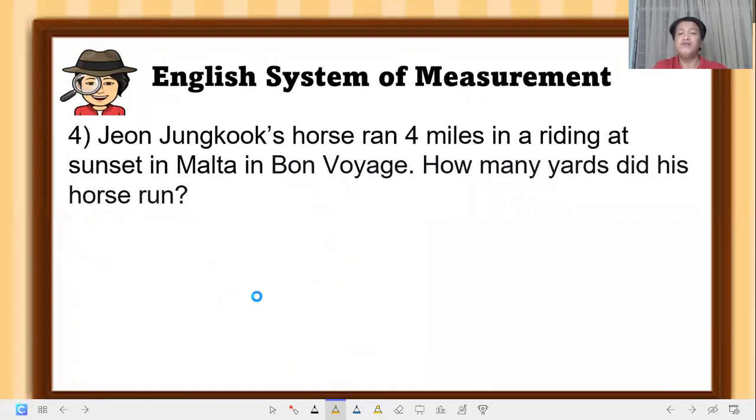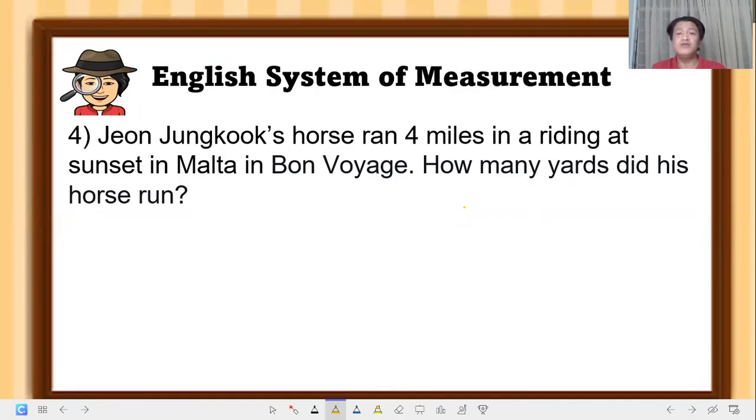Okay, let's have number 4. Jungkook's horse ran 4 miles while riding at sunset in Malta in Bon Voyage. How many yards did his horse run? This is Jungkook with the BTS, right? So they went riding.